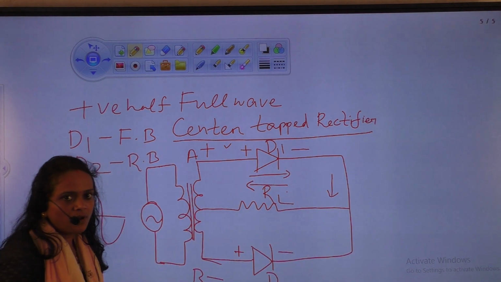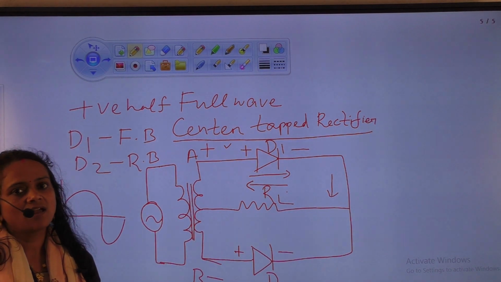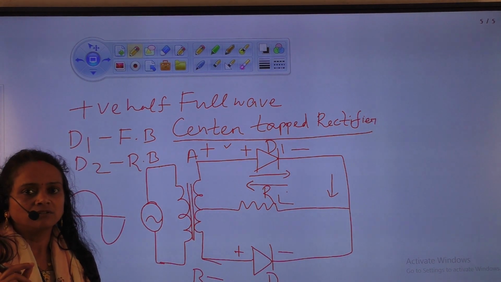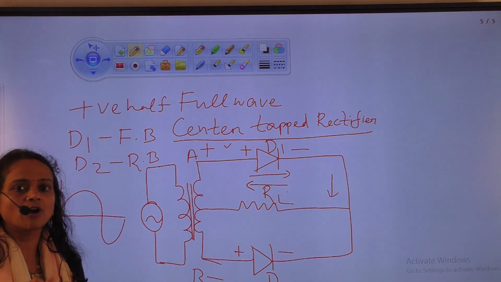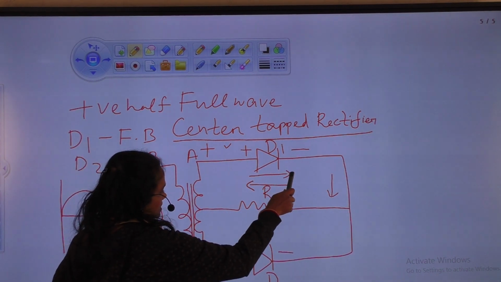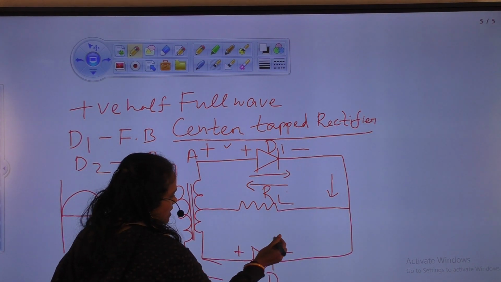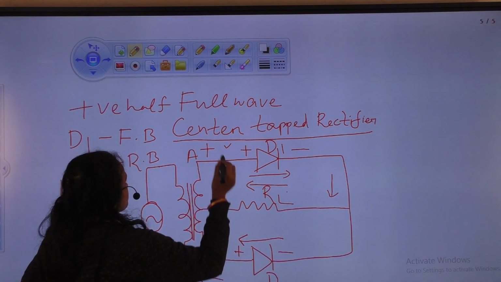As we know, diode is a unidirectional device and here the current passes only in one direction, that is from positive to negative. So current flows through this. There is no chance of conduction in this direction.